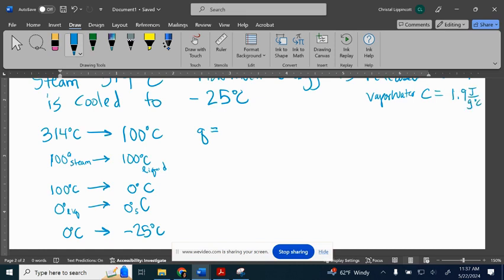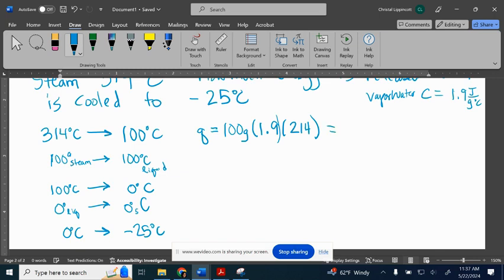Okay, so I'm going to take my mass of my steam, and you guys wanted it to be 100 grams. I'm going to multiply that by my specific heat here. And then I'm going to multiply that by the change in temperature. So I'm going from 314 down to 100. So that's going to be a difference of 214 degrees.